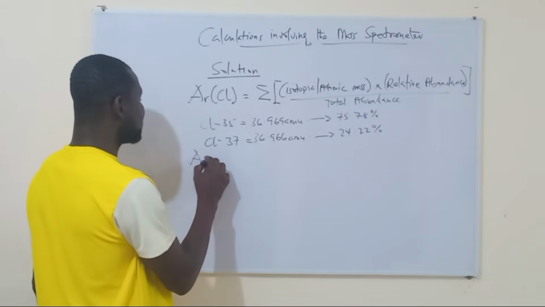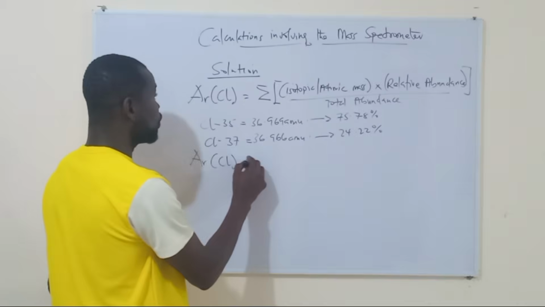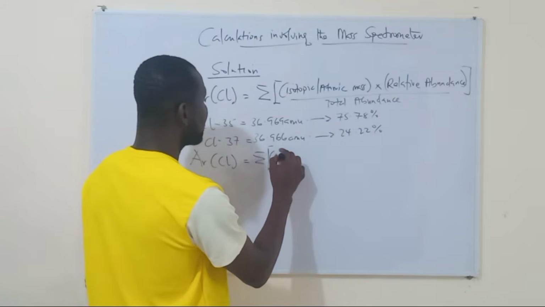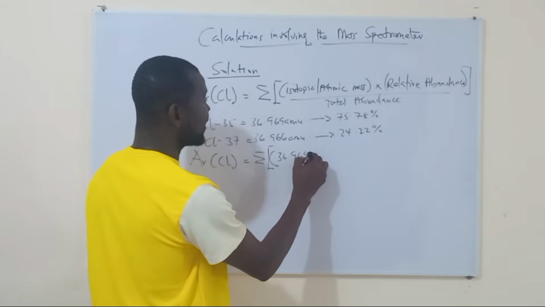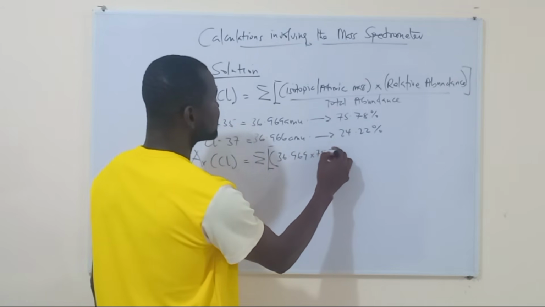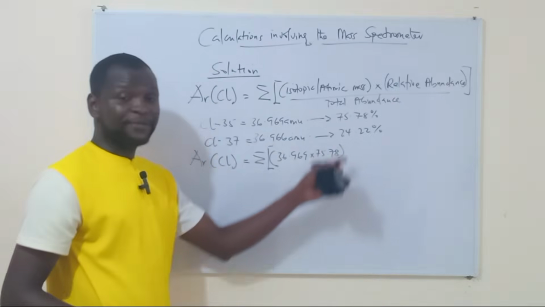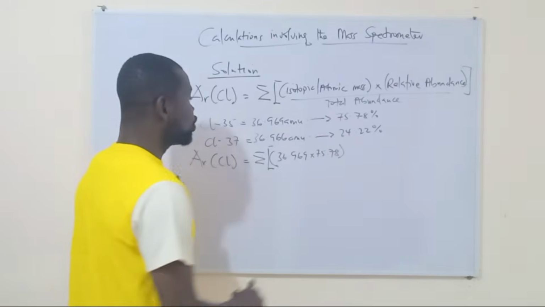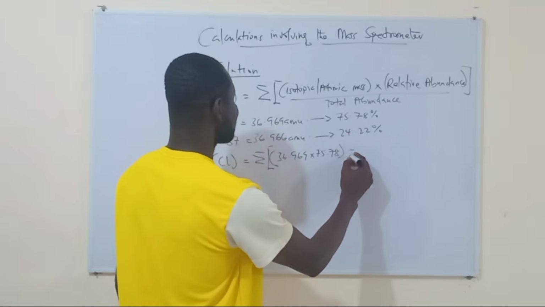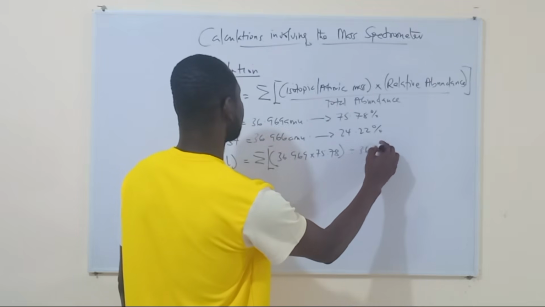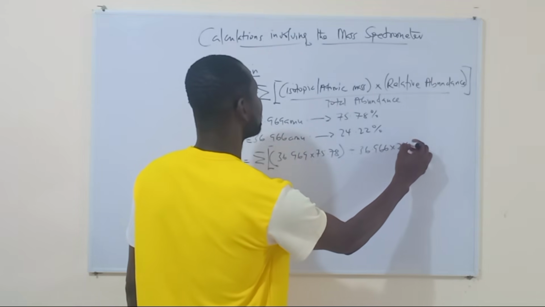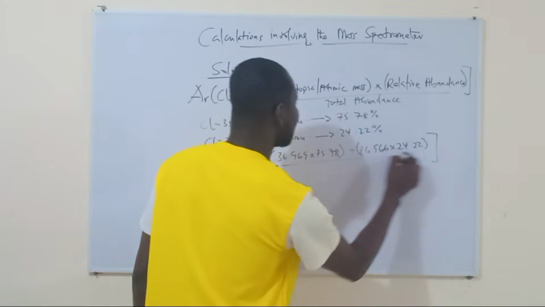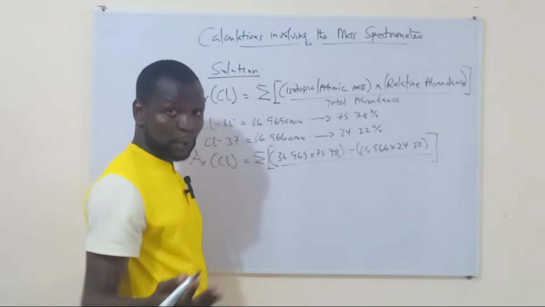We'll have the relative atomic mass of chlorine equal to the summation of 34.969 times 75.78. Please don't always bring the percentage sign because we are going to divide by the total abundance. Plus 36.966 times 24.22. All this divided by 100, but we have to show how we got 100.